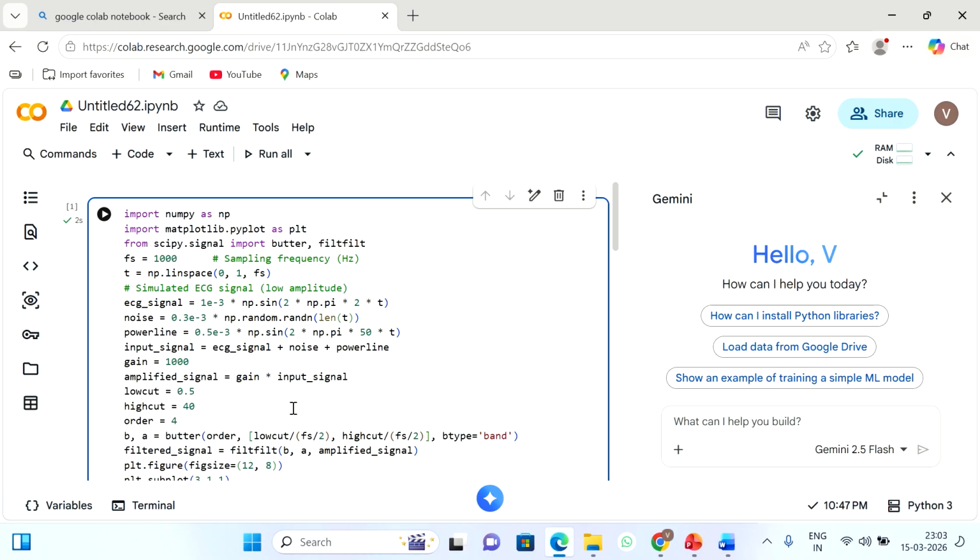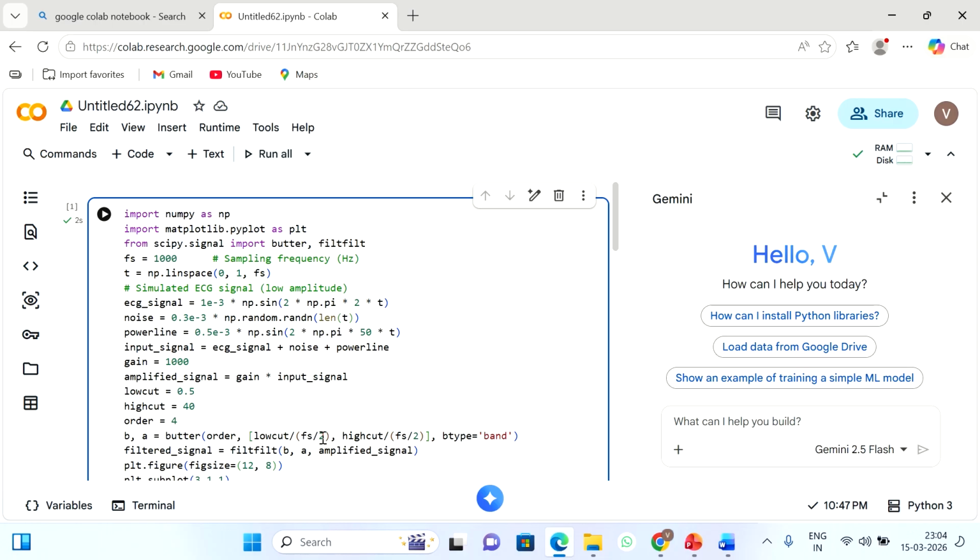The cutoff frequencies should be normalized. If they are normalized, the values will range from 0 to 1 only. Beyond that it won't go. That is why normalization of the cutoff frequencies is necessary.